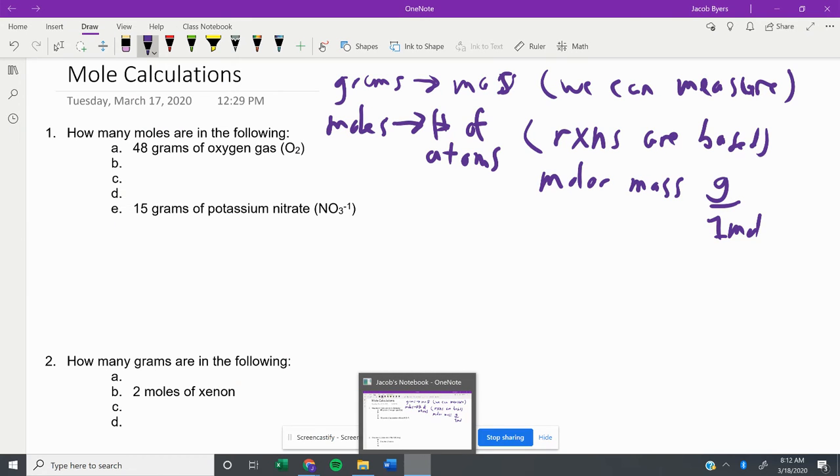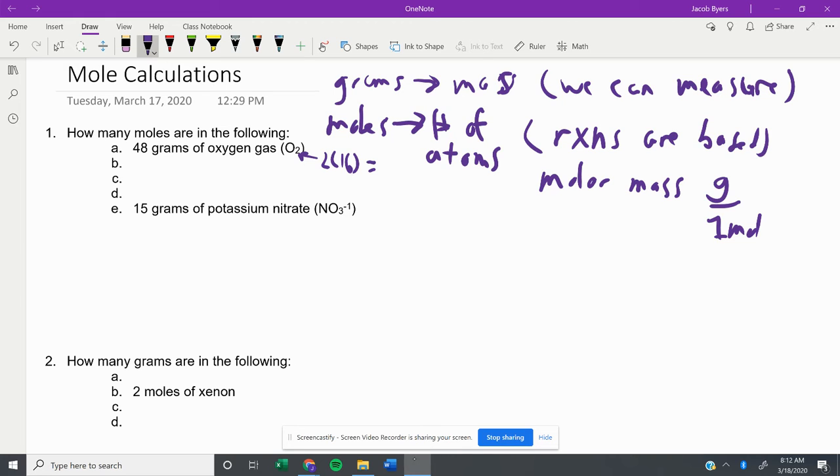The mass of one atom of oxygen would be 16 atomic mass units, or AMUs. But a mole of atoms of oxygen would be 16 grams. Now, don't forget oxygen gas is diatomic, so it's O2, so for the molar mass you just double the 16 because there's two of them. The molar mass of oxygen gas is 32 grams per mole.